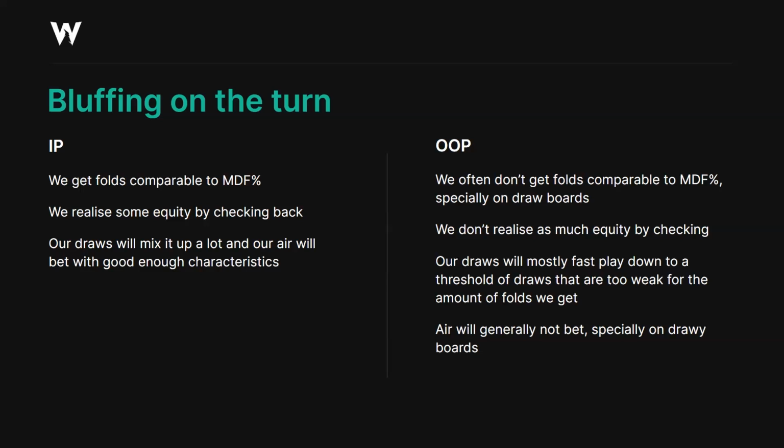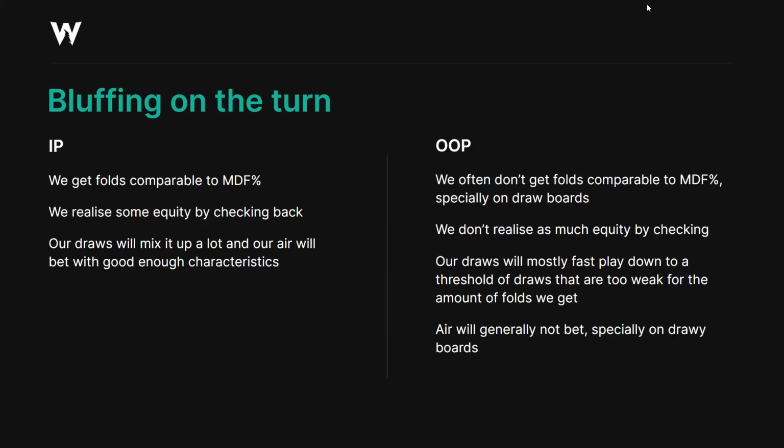And when it's below that amount of equity, we usually just check and give up, basically. Air will generally not bet, especially on drawy boards. There are spots where air will bet, and these spots are either where the board is so extremely dry that even air has a lot of equity, or spots where you have such a big advantage that your opponent is going to fold a lot.